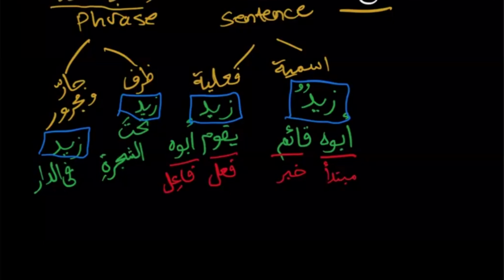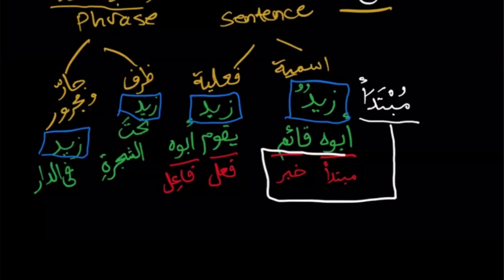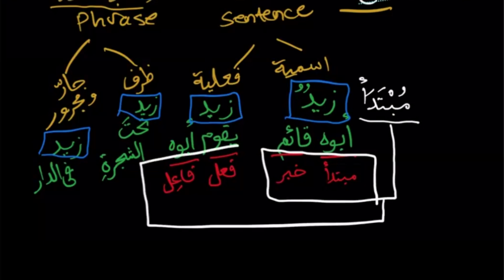Zaydun abuhu qa'im. So we have here a mubtada that has as its khabar a mubtada and a khabar. And in the second one, you have a mubtada that has as its khabar a fi'l and a fa'il.